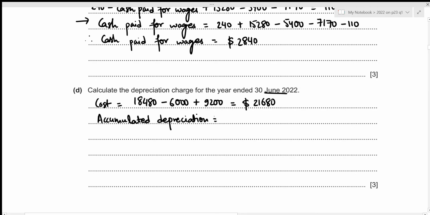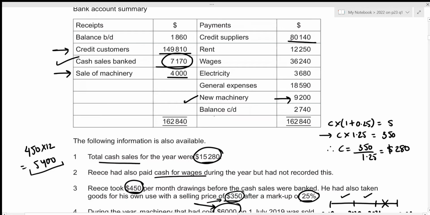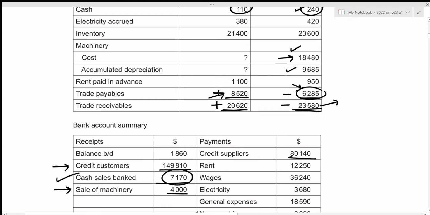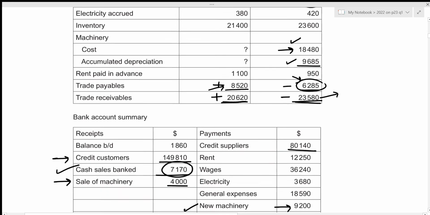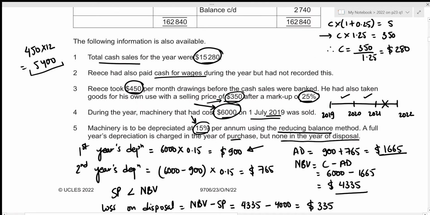Now we also need to figure out the accumulated depreciation. Again, we will be starting with the accumulated depreciation value at the opening date, which is given to be 9,685. Then the next step would be to subtract the accumulated depreciation of the disposed vehicle, right? And we already figured out the accumulated depreciation of the disposed vehicle right here. It was 1,665.